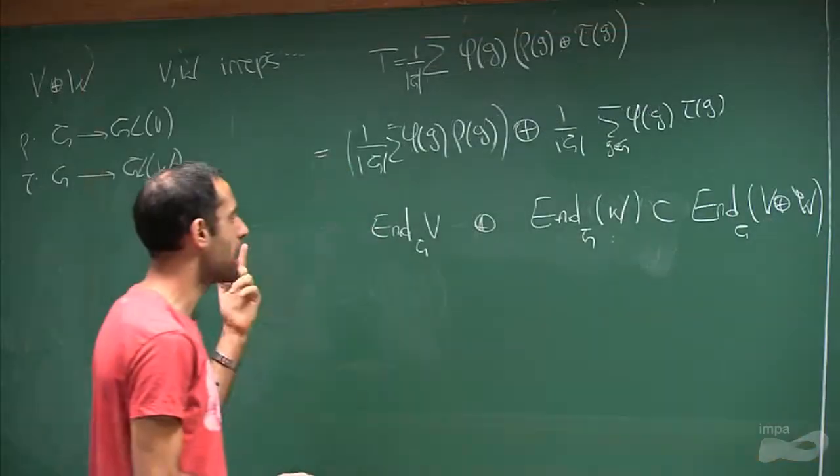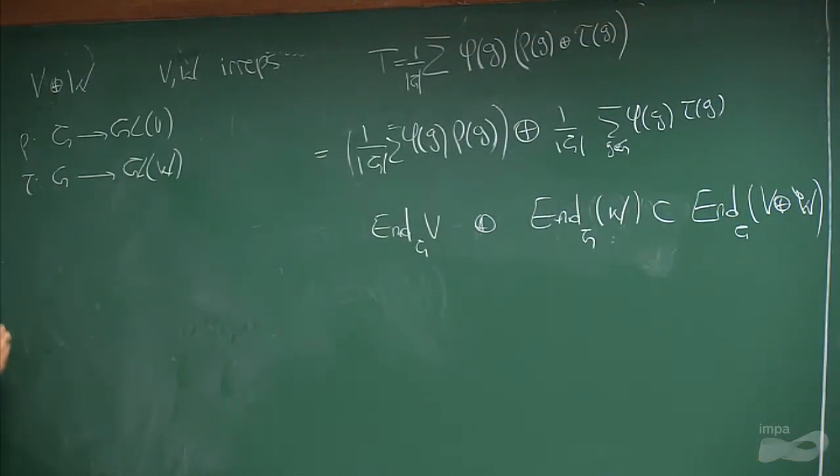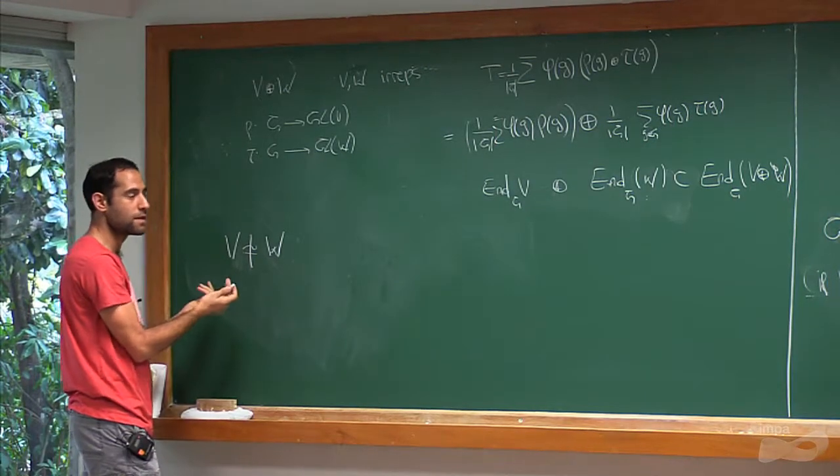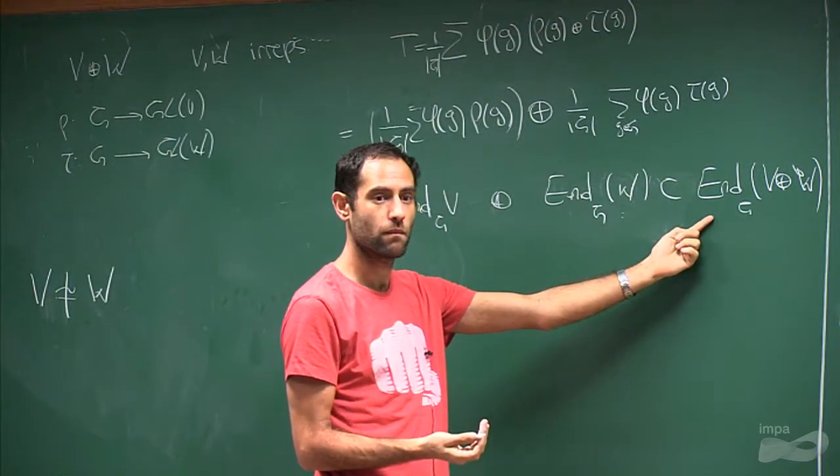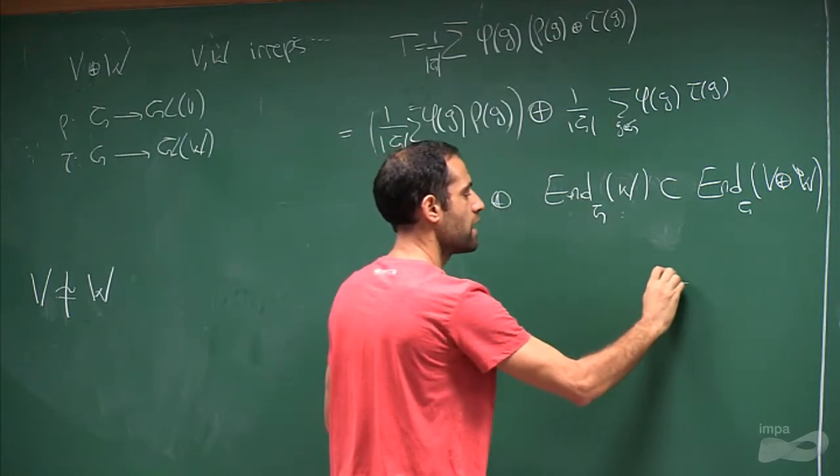If V is not isomorphic to W, and they're both irreducible, then here I have an isomorphism.